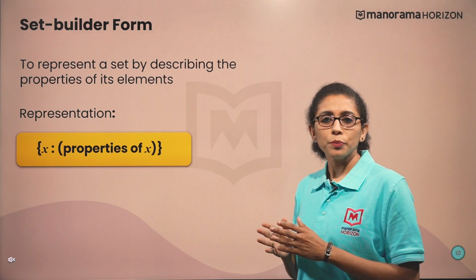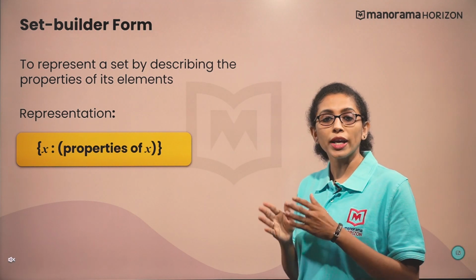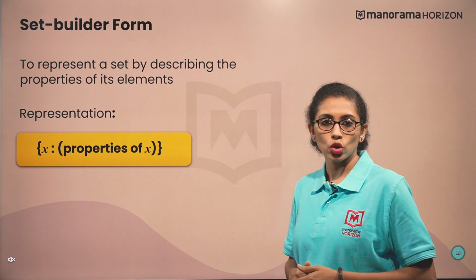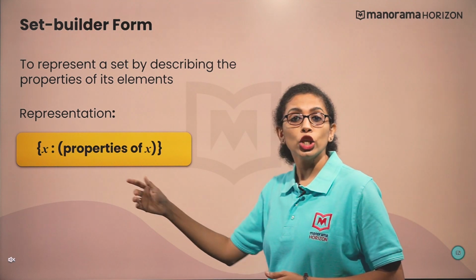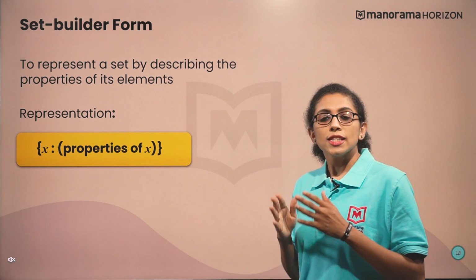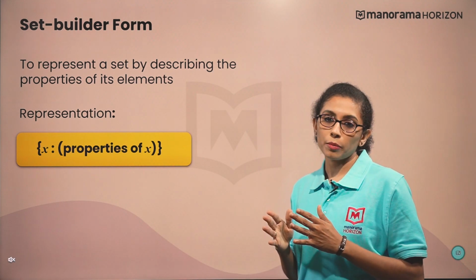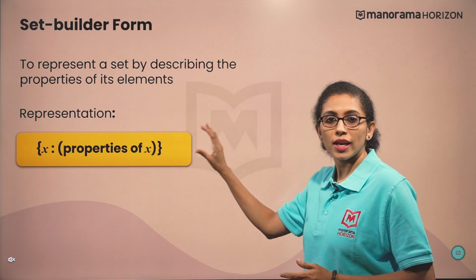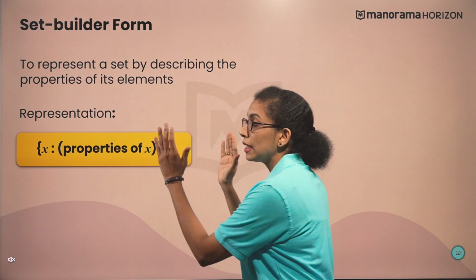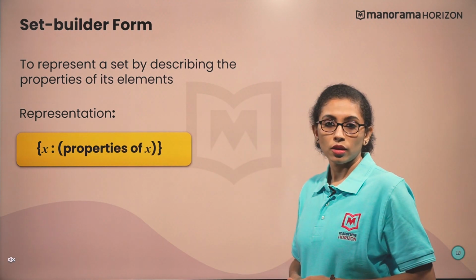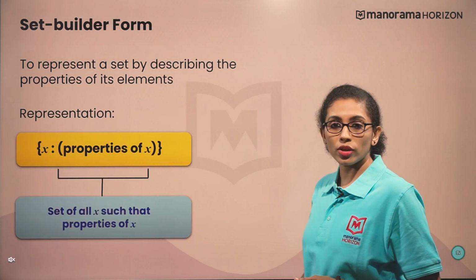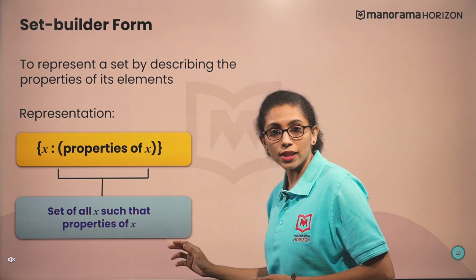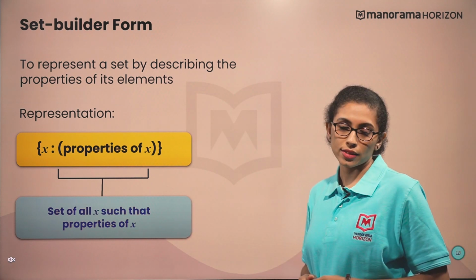We describe the elements of the set by using a letter x, or you can use any other letter, which is followed by a colon. Then special characteristics of the element are specified and the whole description is kept inside the curly braces. The whole description is read as set of all x such that properties of x.